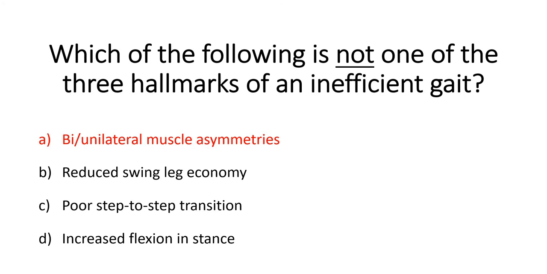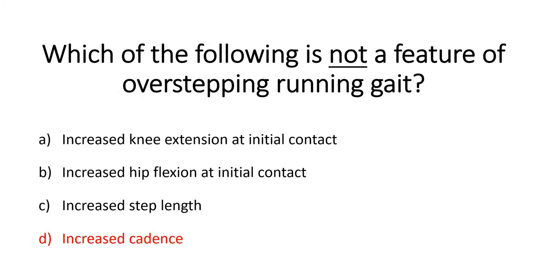Okay, which of the following is not a feature of the overstepping running gait? It is increased cadence. In order to overstep, we're basically increasing our stride length. So to do this, we would need greater hip flexion, we would need greater knee extension, and that's going to increase our step or stride length, either or.